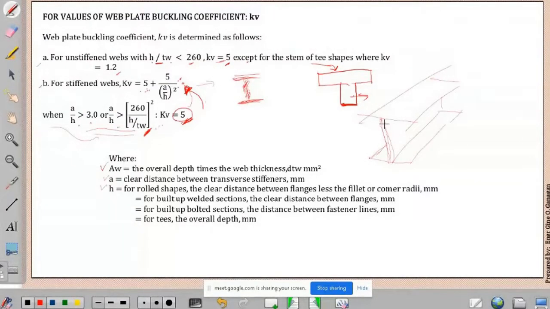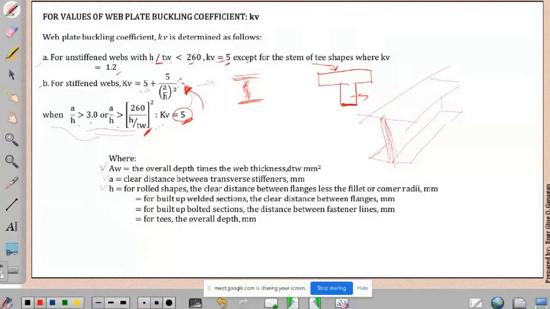Nire-reinforce natin yung web. This is by providing plates na naka-reinforce dito sa ating web para dagdag support dito sa ating web na nagkikerry nung ating shear stress. Okay? So pagka ito, for example, ito yung ating I-shape. So paano natin i-reinforce yung web natin dito? By providing plate or yung tinatawag nating stiffeners or yung web stiffeners.